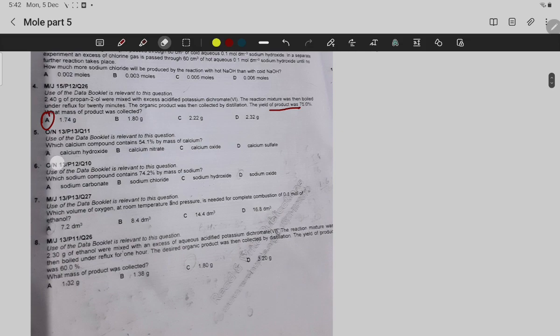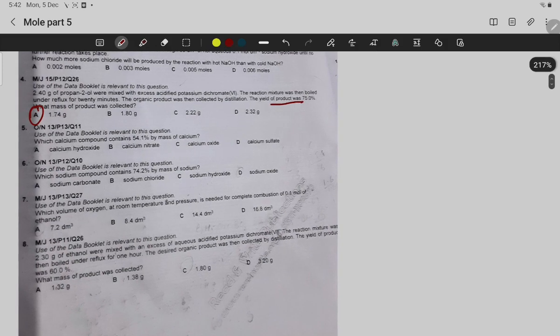So next question, which calcium compound contains 54.1% by mass of calcium? So this is the question. All compounds contain calcium. Which compound contains 54.1% by mass of calcium?